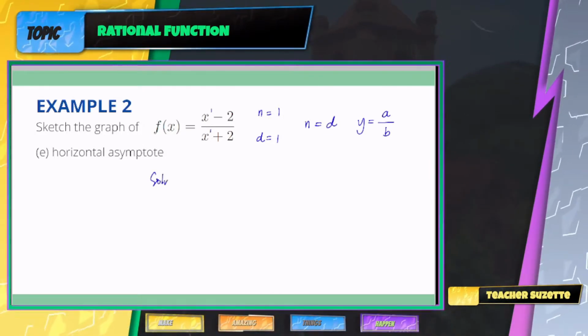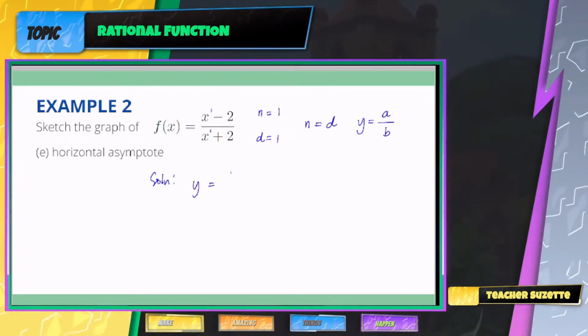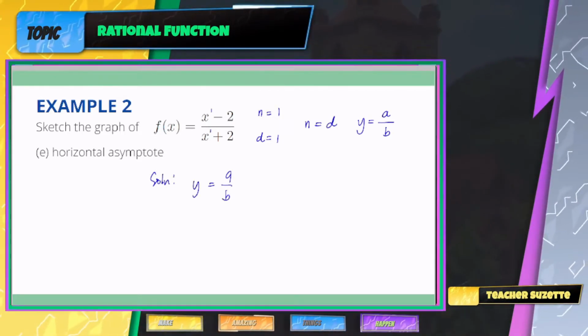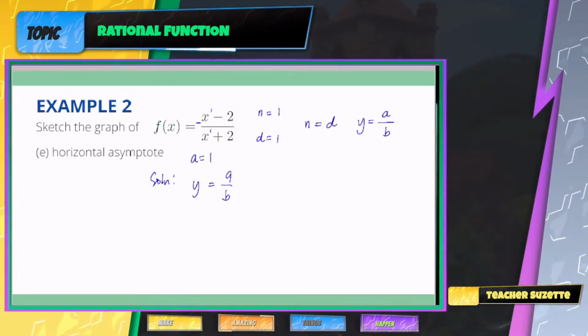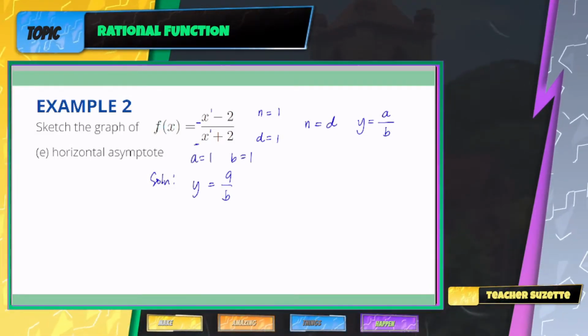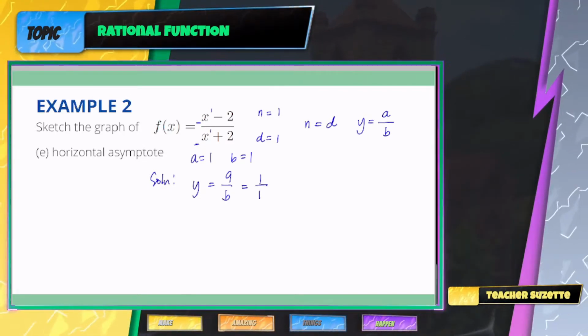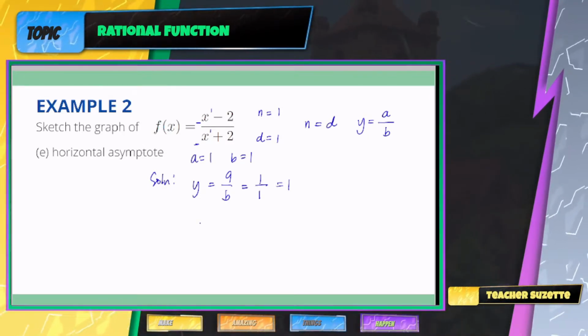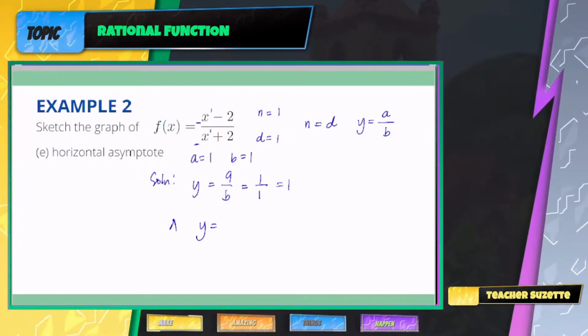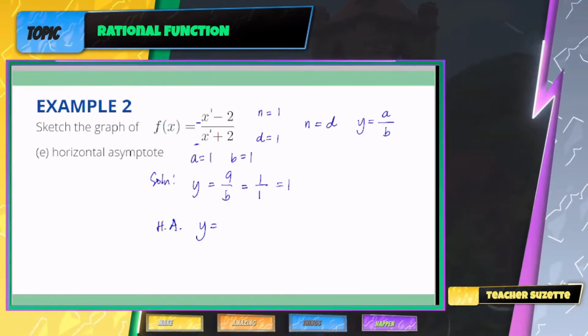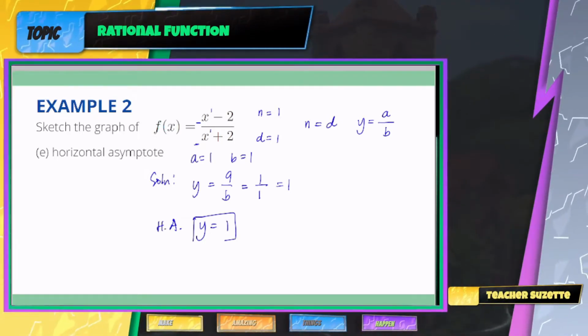So y is equal to a over b. Our a is 1, and our b is also 1. Therefore, that is 1 over 1, which is equal to 1. So our horizontal asymptote is 1.